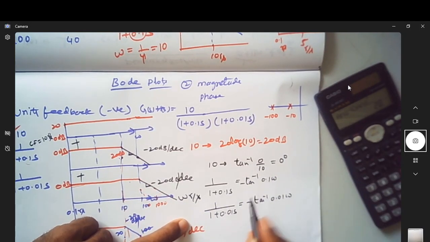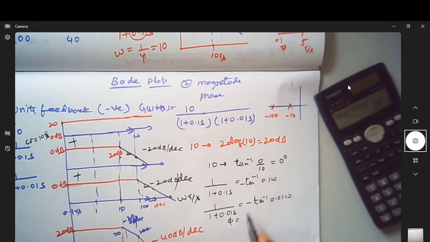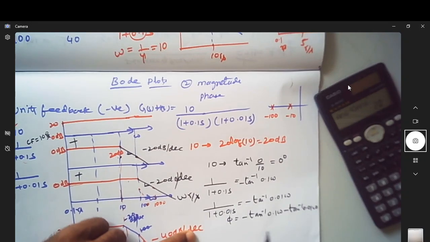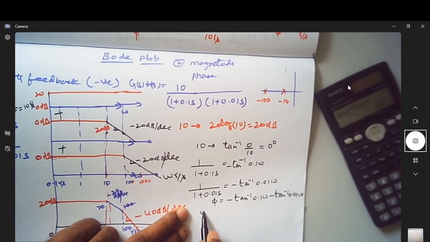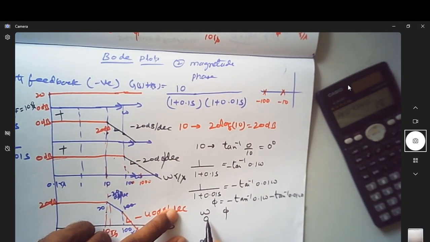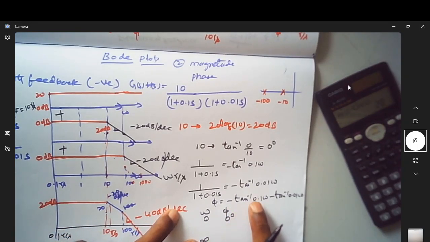Now, what is the overall phase? Forget about this. Is the phase not minus tan inverse of 0.1 omega minus tan inverse of 0.01 omega? So now you give different values of omega, find out different phase, start from 0 and go up to infinity. When you start with 0, it will have an overall phase shift of 0 degree. When you go with omega equal to infinity, this will contribute minus 90, this will also contribute minus 90.